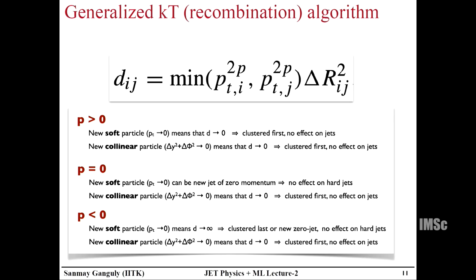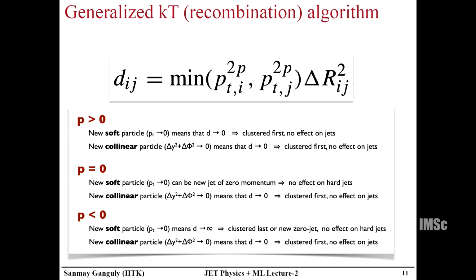Whereas for anti-KT, if you have two particles, one with PT of 10 GeV and one with PT of 1 GeV, then the minimum of 1 by 10 GeV whole square and 1 by 1 GeV whole square will always pick up the 10 GeV candidate. That's how anti-KT tends to throw away the softer particles.